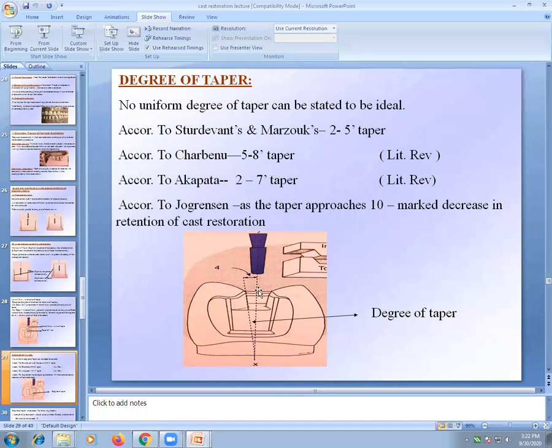But what we have to take into consideration is that there should not be more than 10 degrees of divergence. If we increase the divergence more than 10 degrees, then there will be a loss of retention and more paths of insertion will be present.